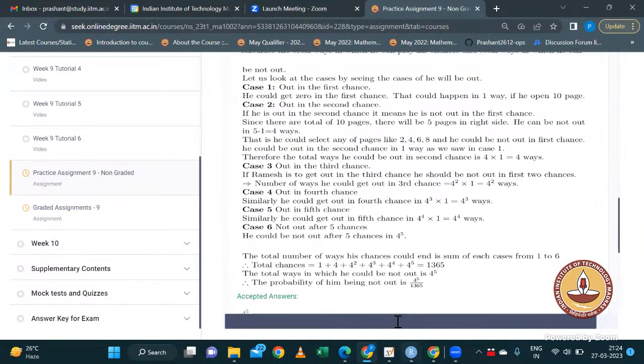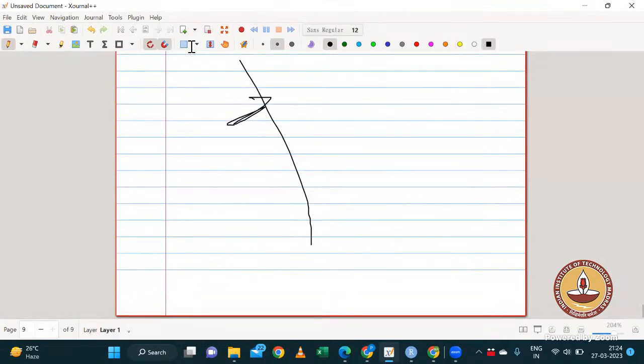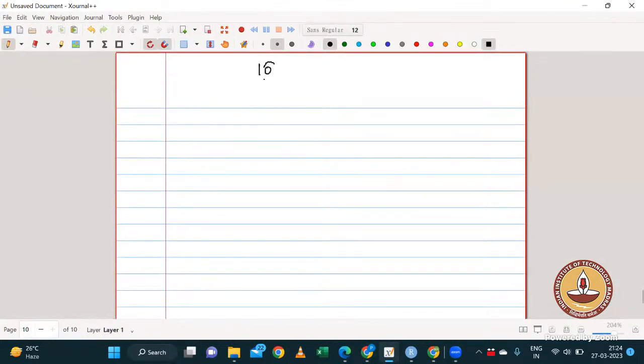When I open page 10, I will get 0, which is the last digit of the right side page. So case one is he is out in the first chance, and there is only one way for this case.